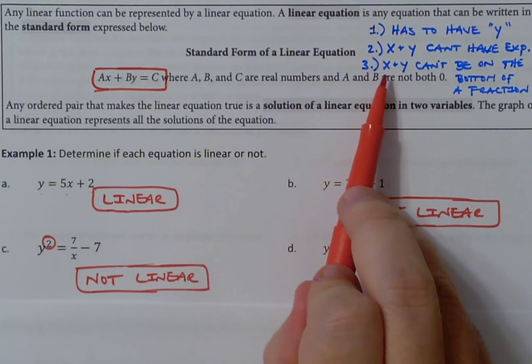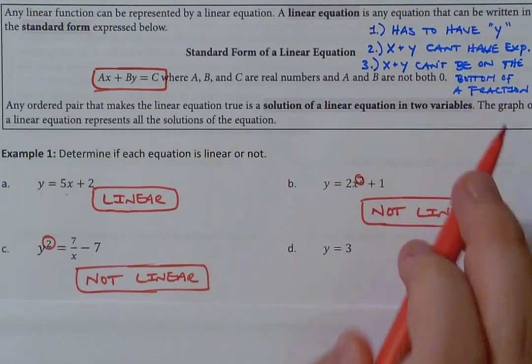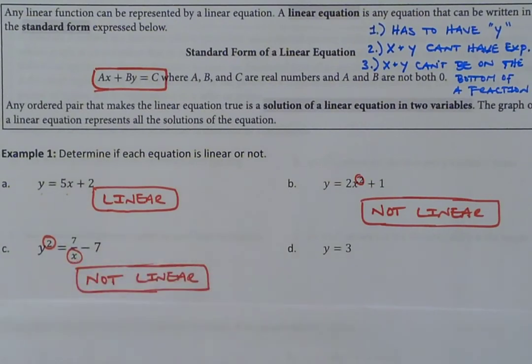And then I just want to highlight real quick that x and y cannot be on the bottom part of a fraction. Well, x is on the bottom part of this fraction here. Therefore, that also makes this not linear. So because y is to the power of 2 and x is on the bottom part of a fraction, that violates 2 out of the 3, and it only has to violate 1. Therefore, this is not linear.